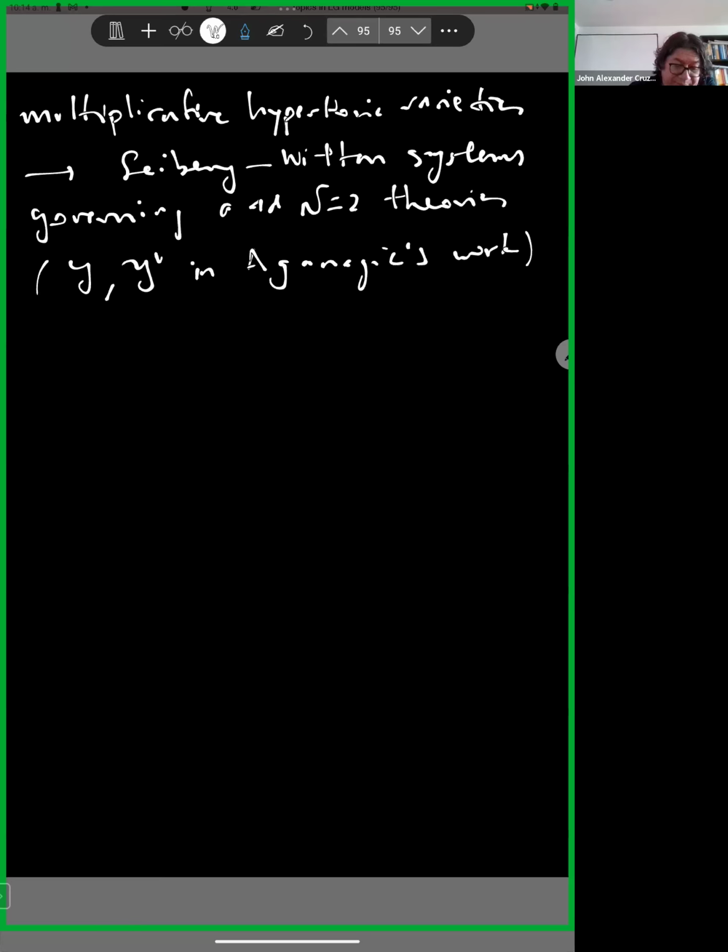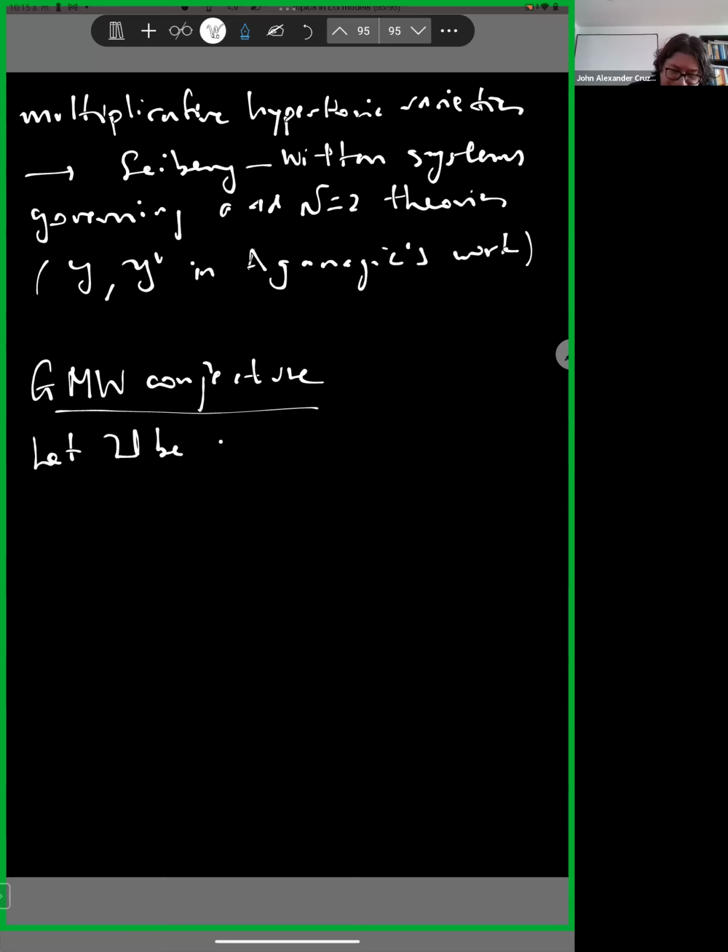So we have these two things, and there is some relation between the multiplicative and additive hypertoric varieties. This is a conjecture by Gammage, McBreen, and Webster. Let U be a multiplicative hypertoric variety.